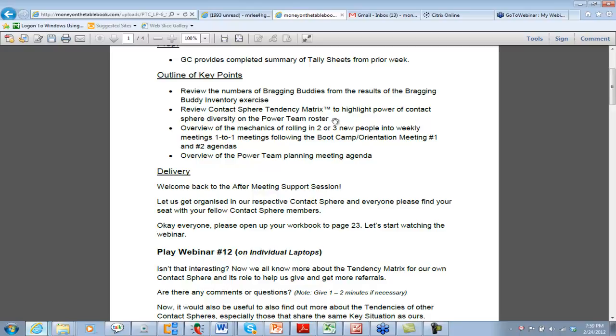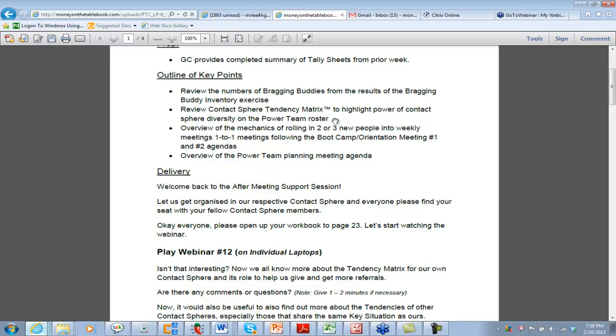Okay, let me just slow down for a second and talk about this. One of the real key differentiated value propositions for the Power Team Certified Training System is that we can now structure power teams across contact sphere lines.